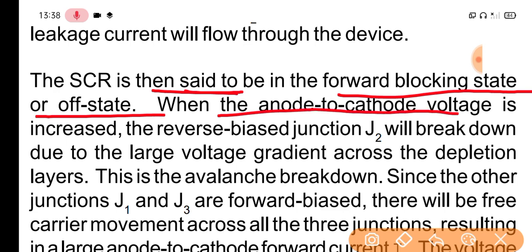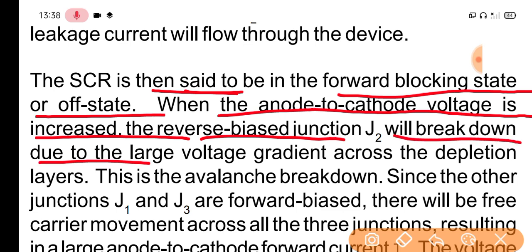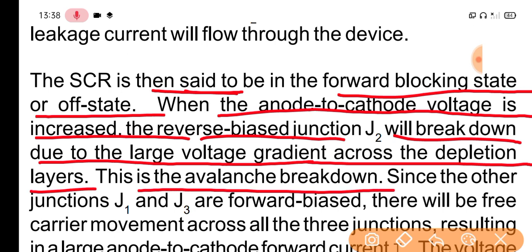When the anode to cathode voltage is increased, the reverse biased junction J2 will break down due to the large voltage gradient across the depletion layer. This is the avalanche breakdown.